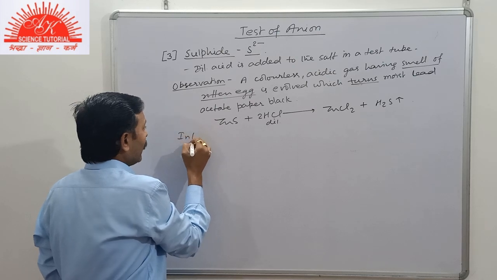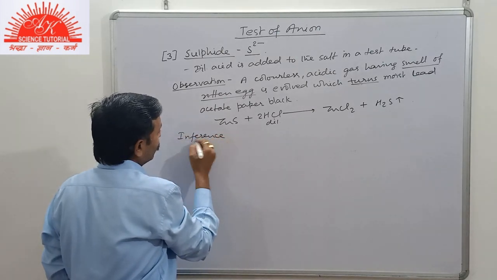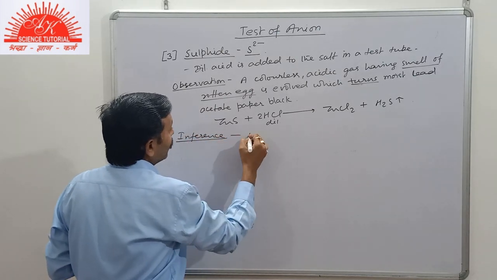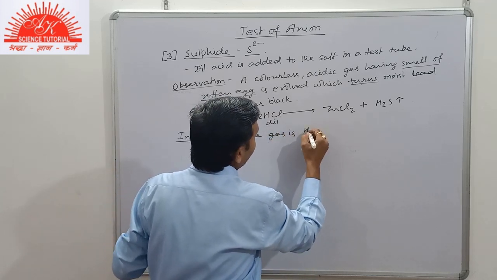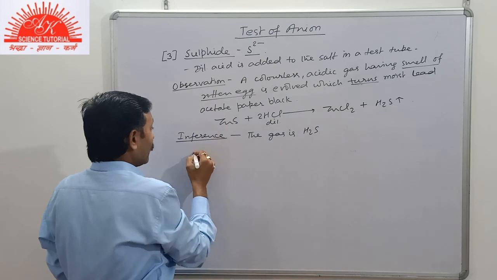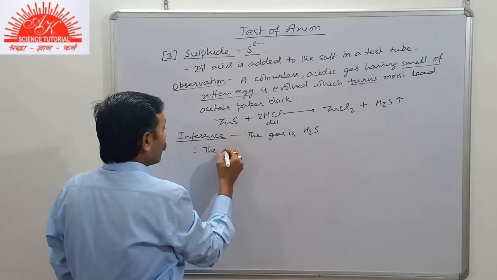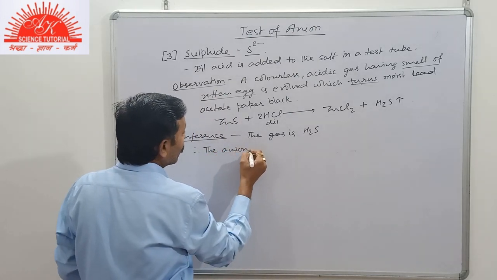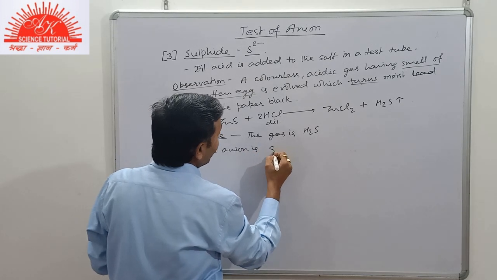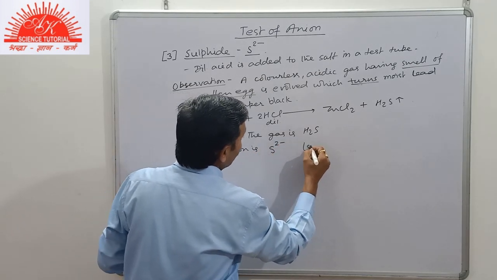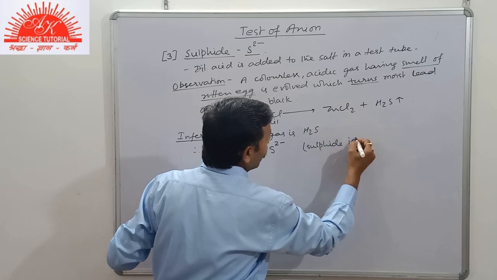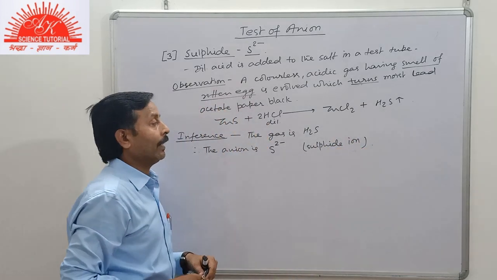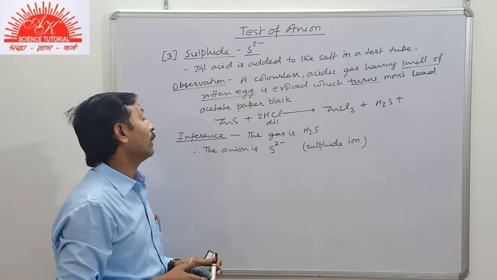Now, inference again: the gas is H2S. Therefore the anion is S2 minus, that is sulfide, not the sulfite, remember it, sulfide ion or sulfide radical.